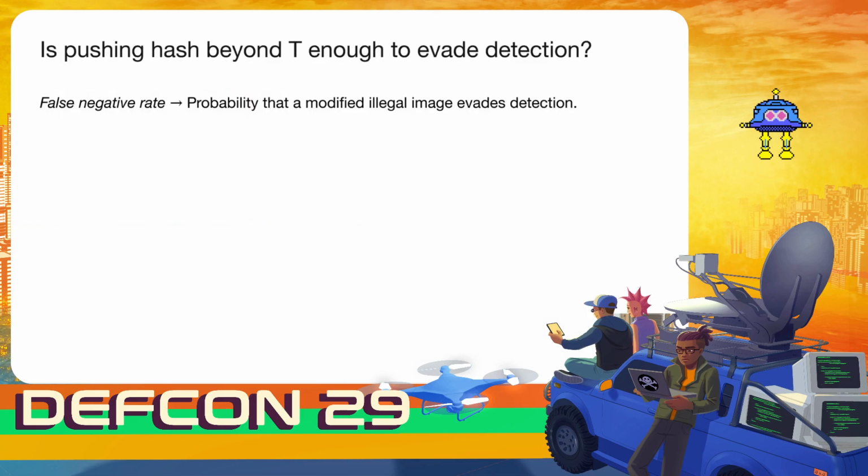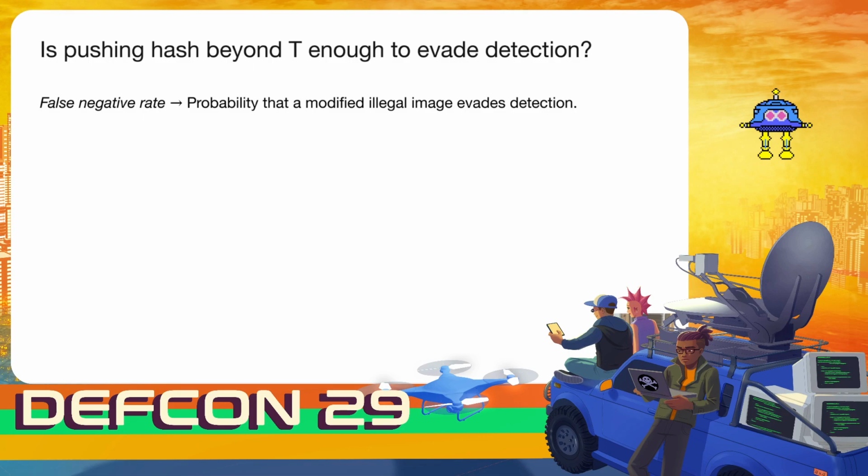So the next question we ask is, is pushing the hash beyond the threshold enough to evade detection? Because that's what ideally we are interested in. We want to evade detection, but we are not matching against just one fingerprint, but against the whole database. So to do this, we look at the false negative rate, which is the probability that a modified illegal image evades detection.